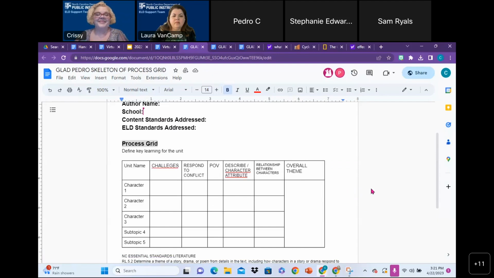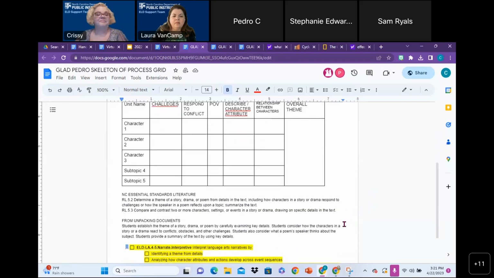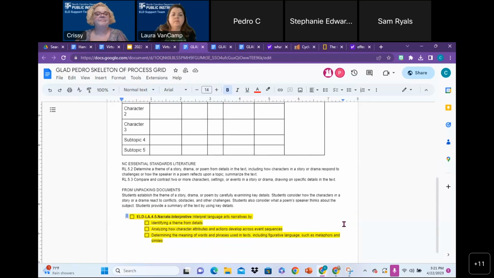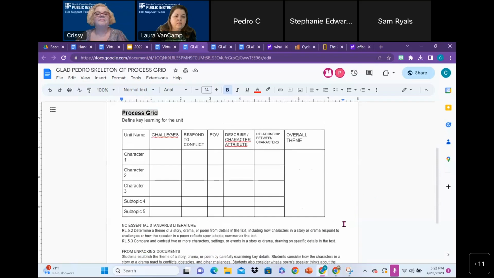So I just shared the skeleton on that page, and at the bottom I have pasted the standards and how they blend together. That allows me to have a much better blueprint for my lesson as to what I'm trying to achieve and cover, and to be very precise and intentional with my teaching. So that's all I wanted to share.